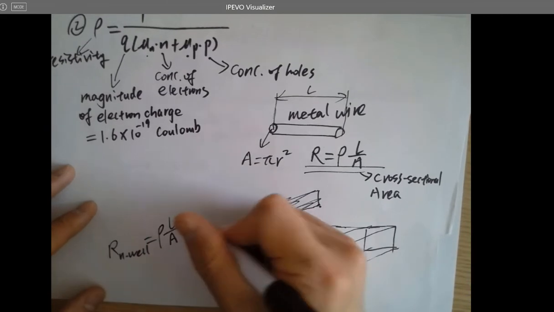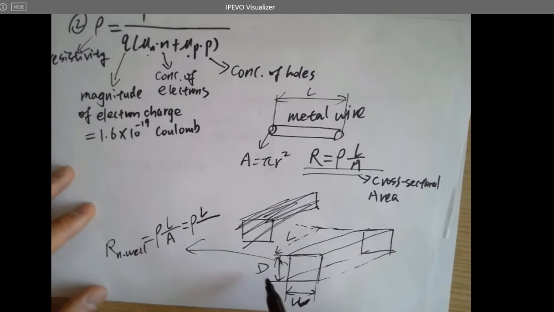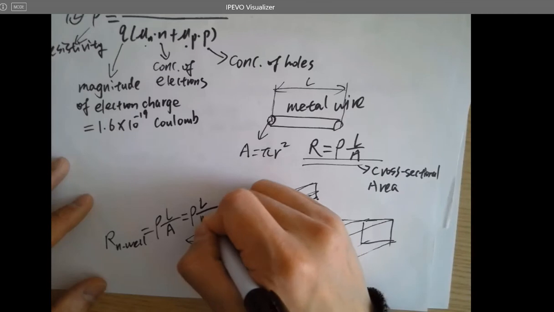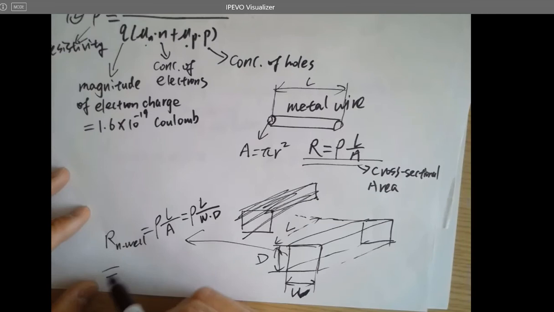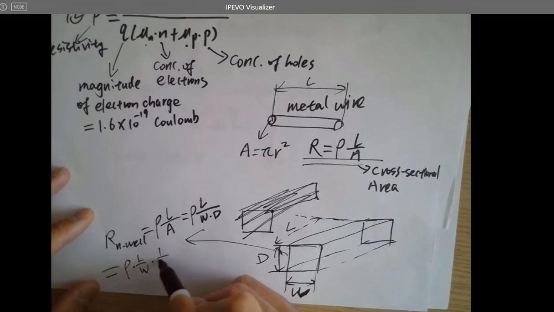But the A here is a little bit different. So it's going to be L over D times W, or W times D, which is rho times L over W times 1 over D.